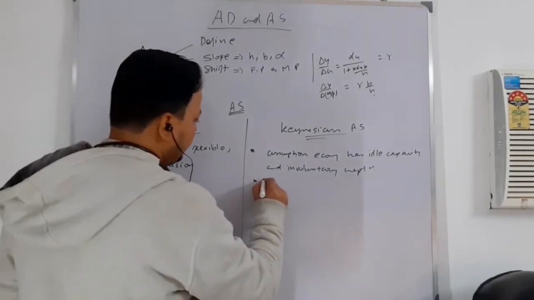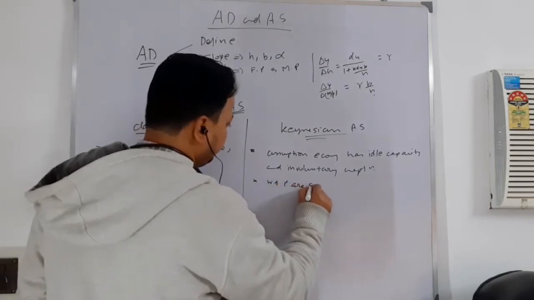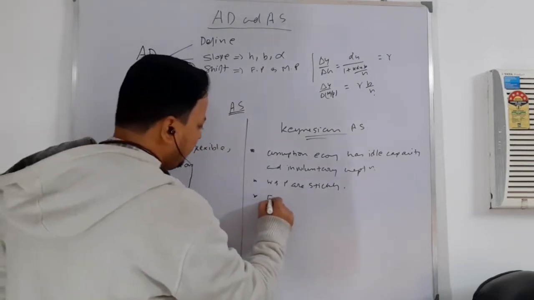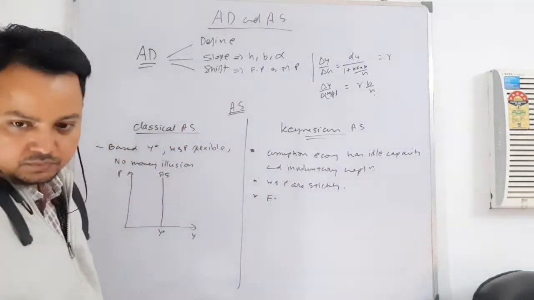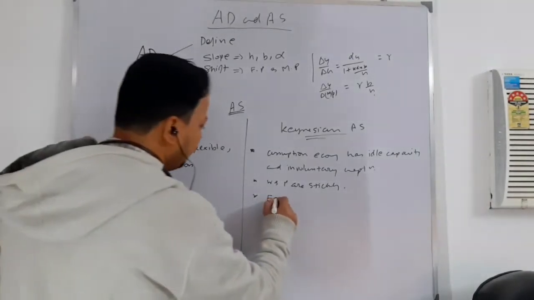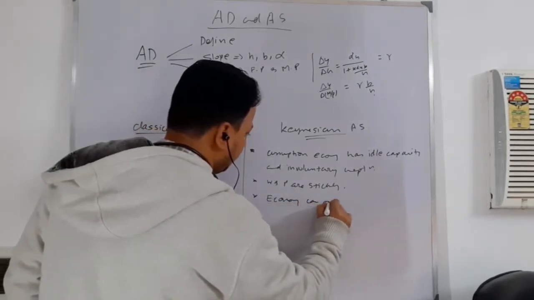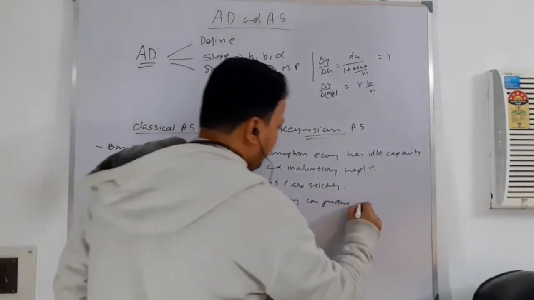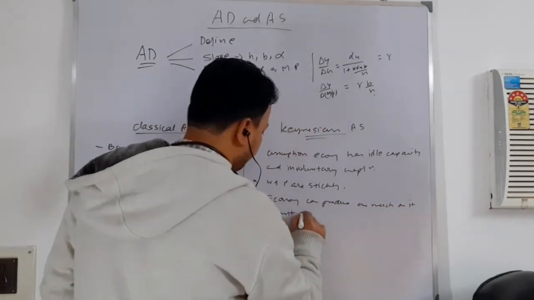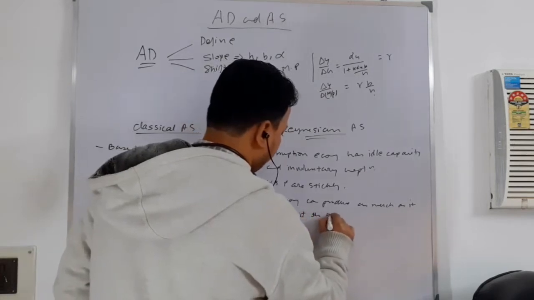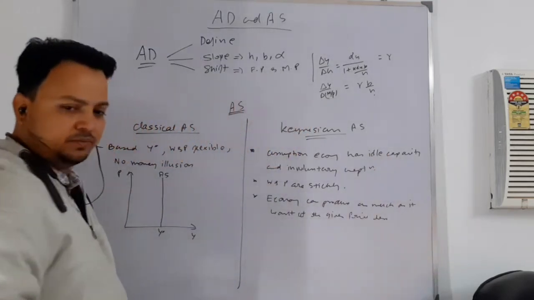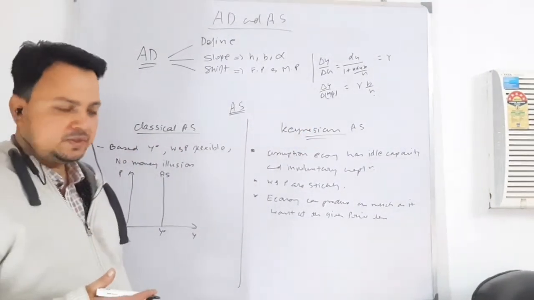Here wages and prices are sticky. Why? Because the economy has idle capacity. Firms are ready to utilize the capacity.